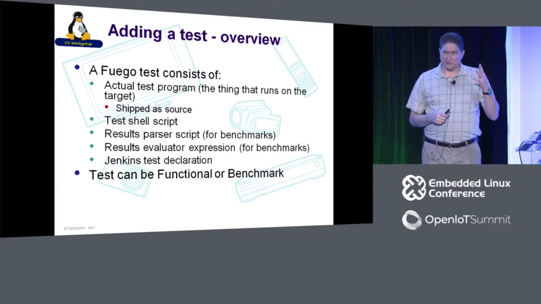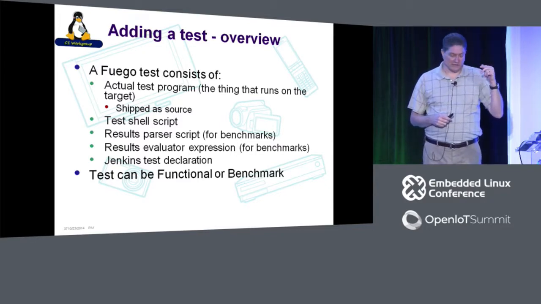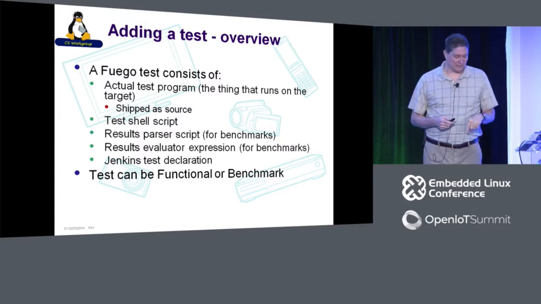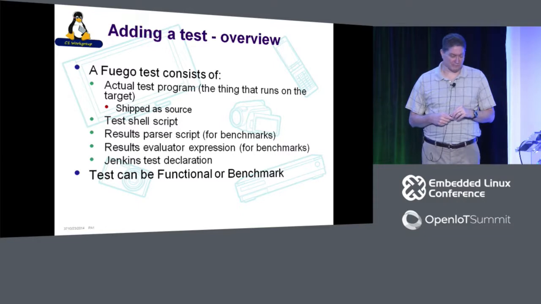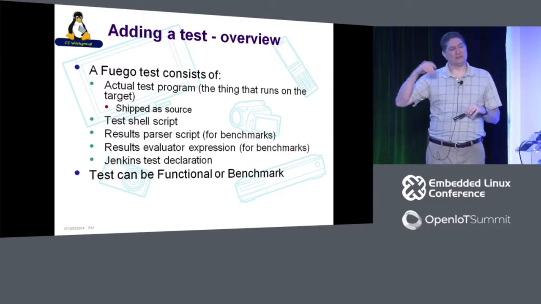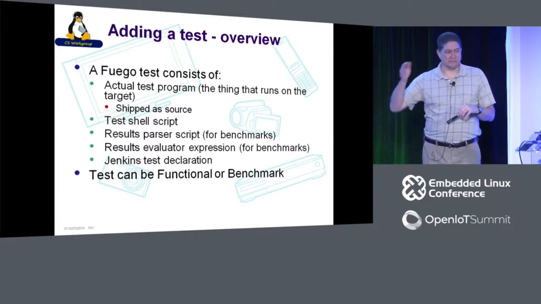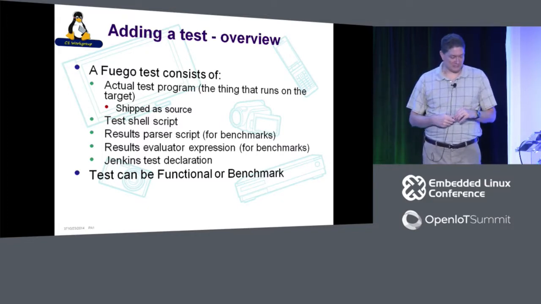And then if you're doing a benchmark, only if you're doing a benchmark, you have a couple of additional files that parse the log and use a regular expression evaluator to determine if you've passed or failed on your performance. And then, again, once you define all that stuff, you go into Jenkins and add it to the front-end system.